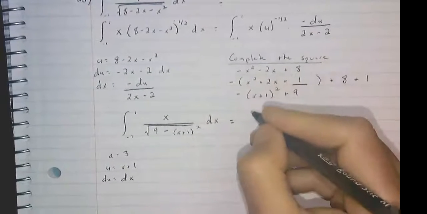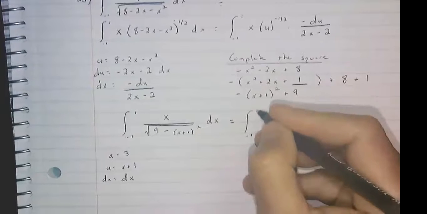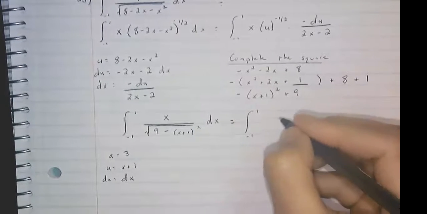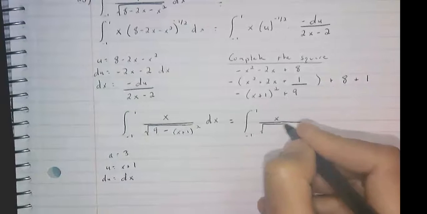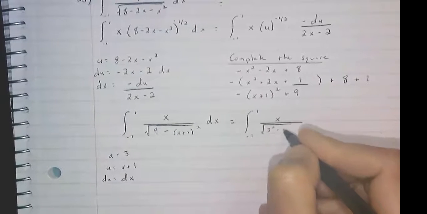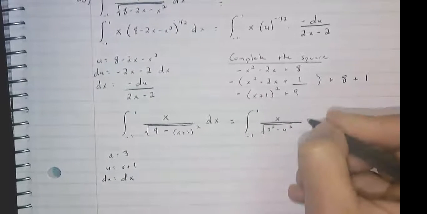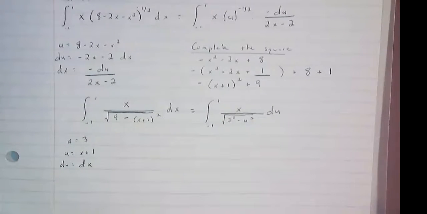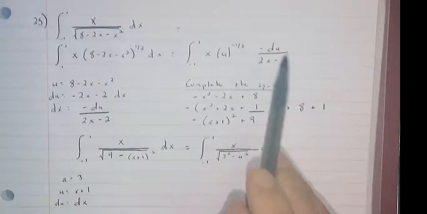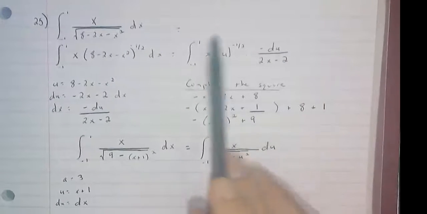So we turn this into the definite integral from -1 to 1, x over the square root of 3 squared minus u squared du. Maybe this somehow was the right path.